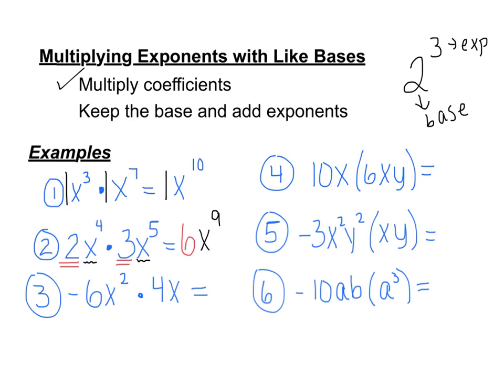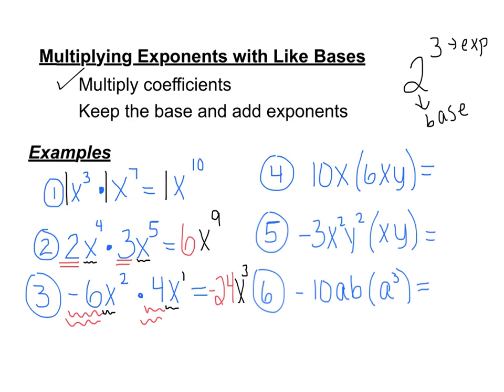Okay, example number 3, multiply the coefficients, negative 6 and positive 4, which makes negative 24. And now we take the x's and we keep the base and add the exponents. Well, there's an exponent of 2 here, but what's the exponent here? You should be telling me 1. So now when we add them, we get 3.